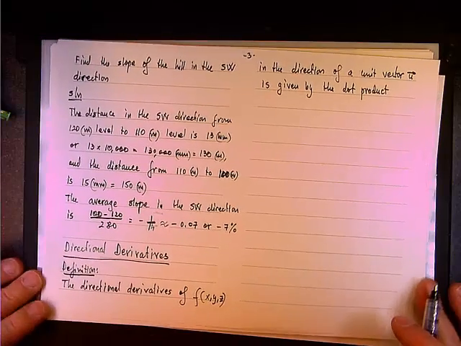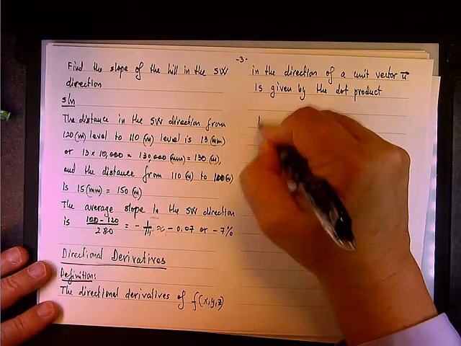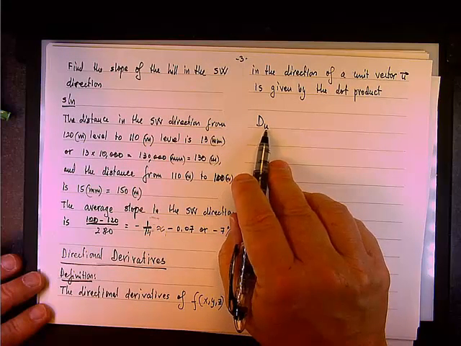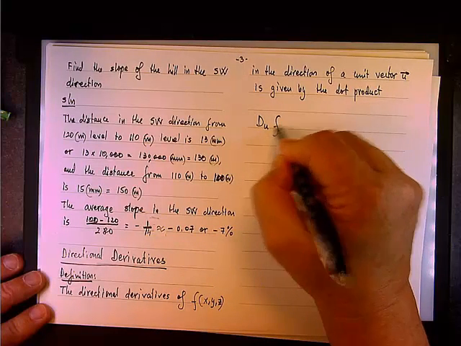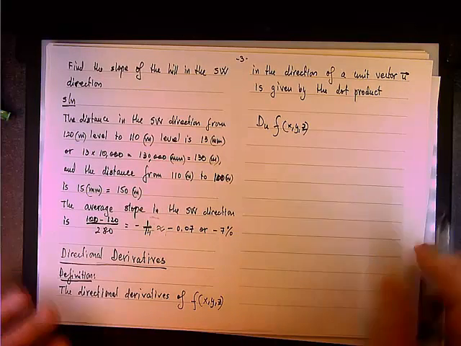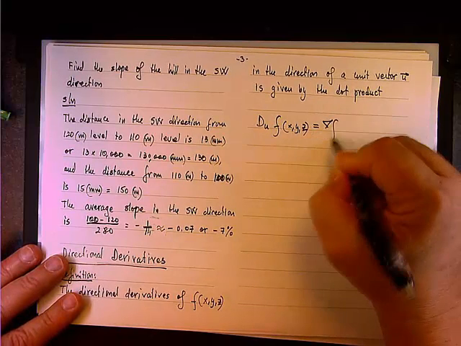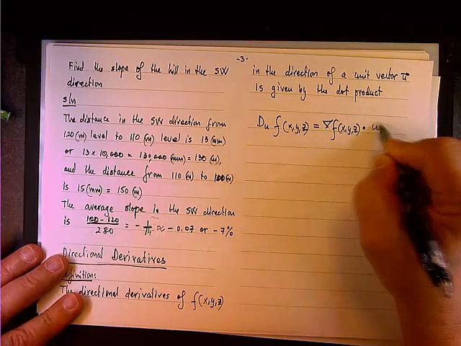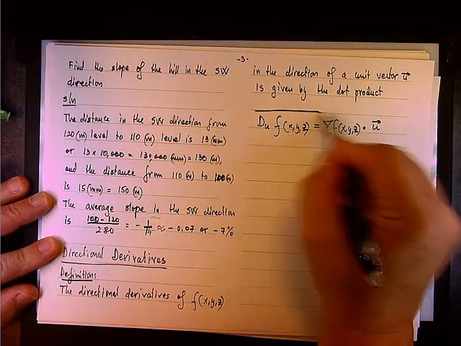Well, it's a dot product between the gradient and the unit vector. The notation is d sub u. So this will give you the derivatives in the direction of u, and it's an operator. D sub u is an operator, and it operates on a function f, in this case a function in three variables, and this will be defined as the gradient of f dot the unit vector u.